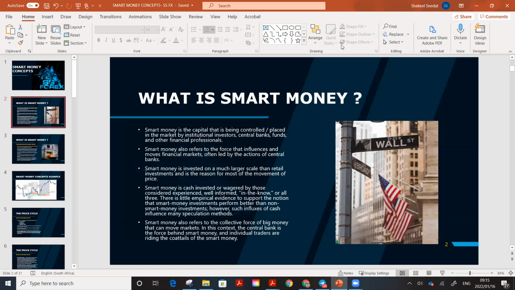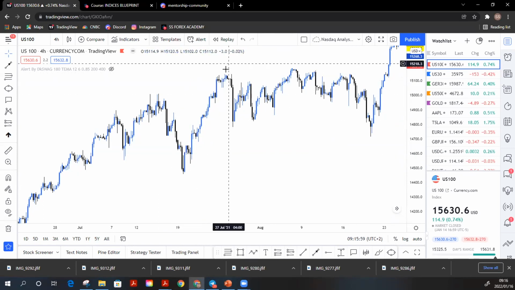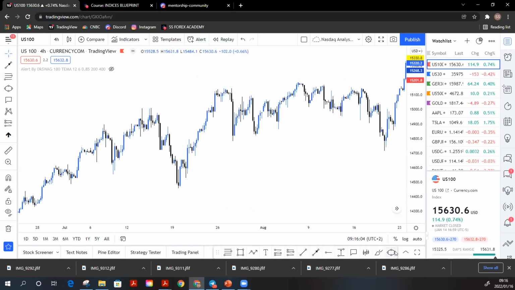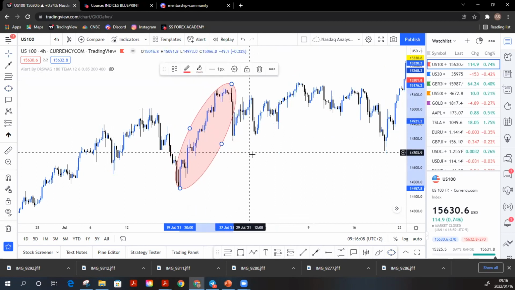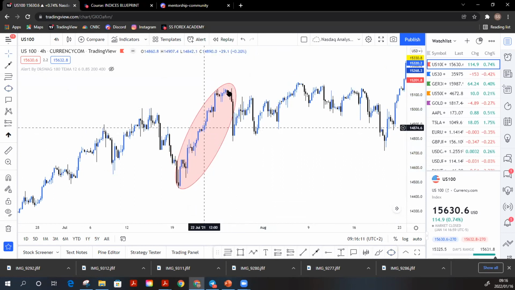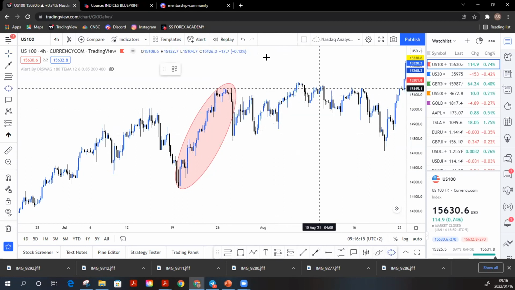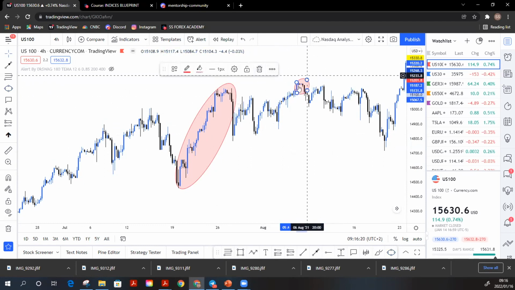So on a chart, if I just want to show you quickly here, moves like these are smart money driven moves where you see big impulses to the upside or downside, and sharp impulses. Those are moves that are caused by smart money, right? Moves such as up here where you've got a small little bit of movement, those are retail moves, driven by retail traders.